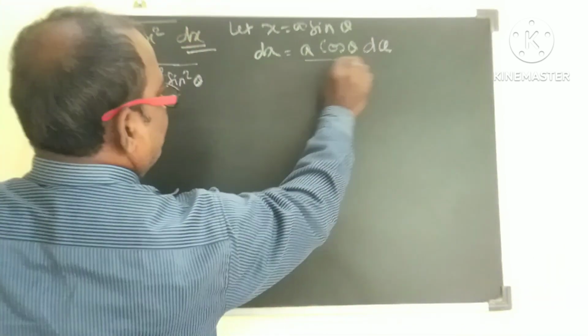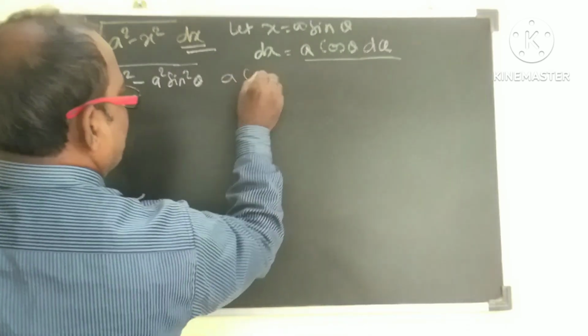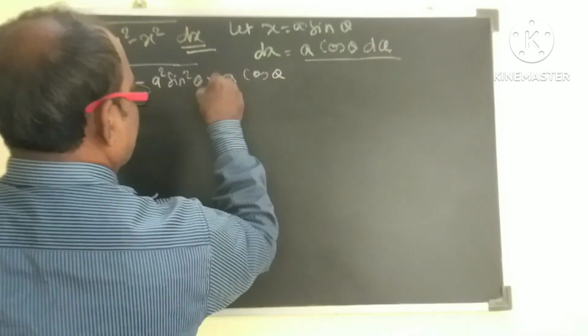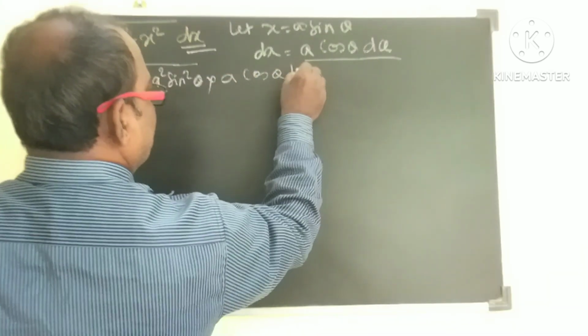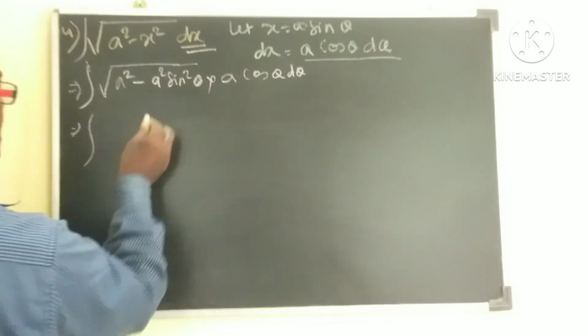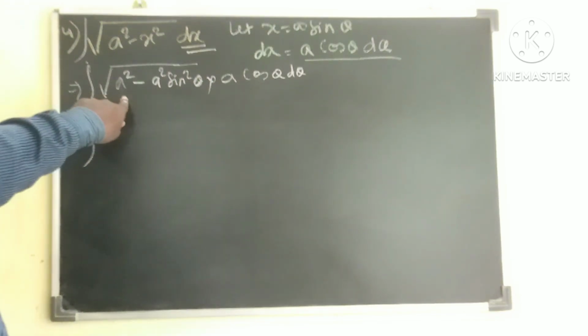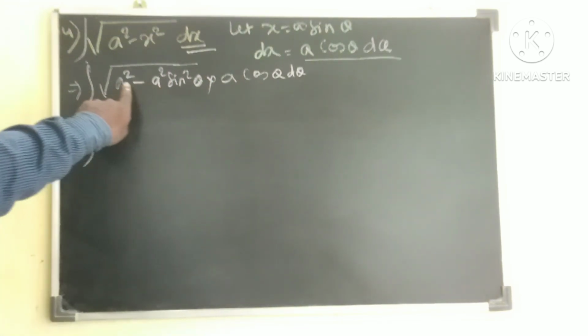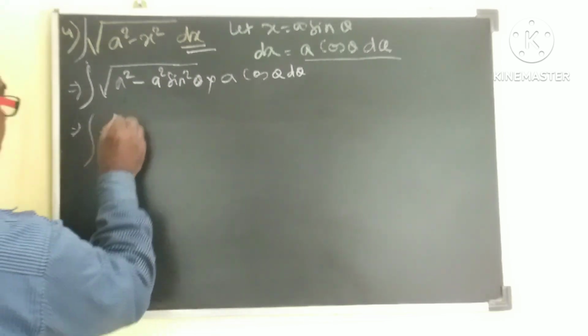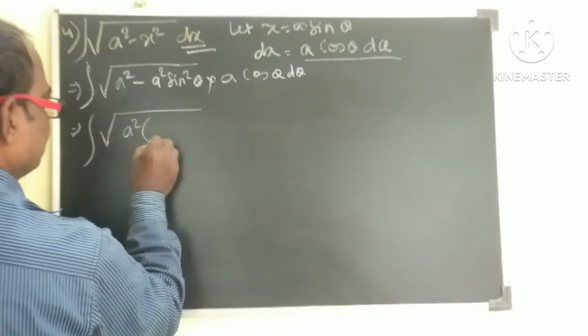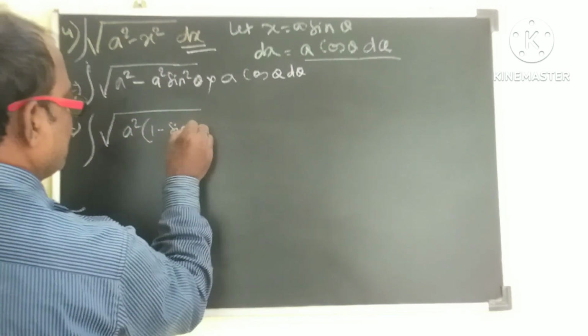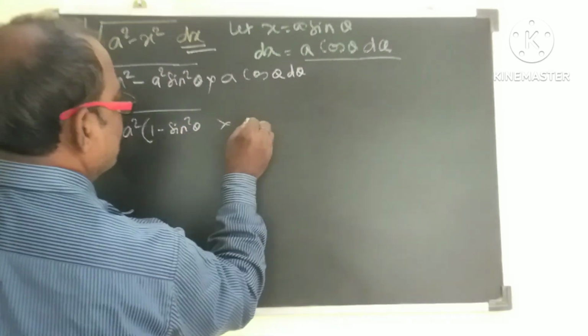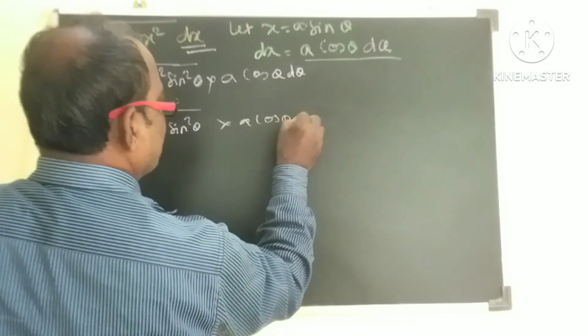Instead of this we write a cos theta d theta. From this we can take the common a square into 1 minus sin square theta into a cos theta d theta.